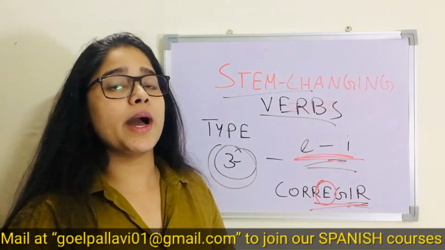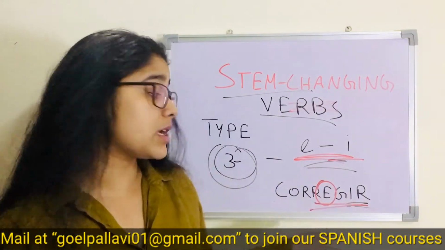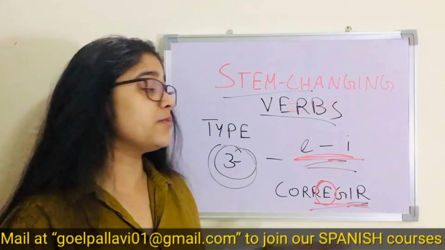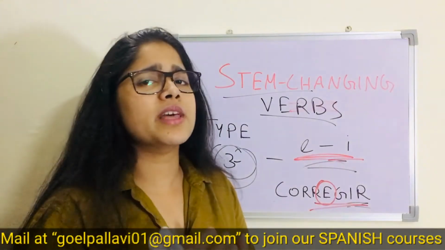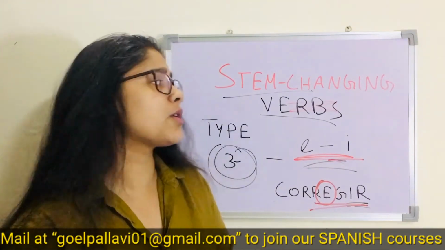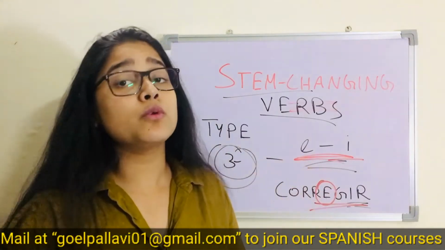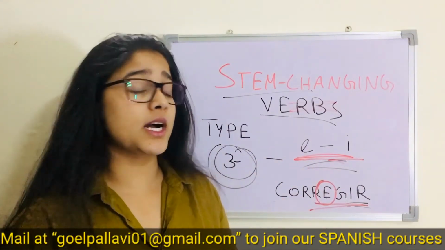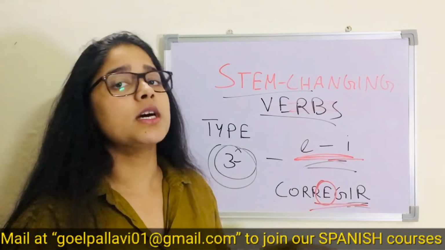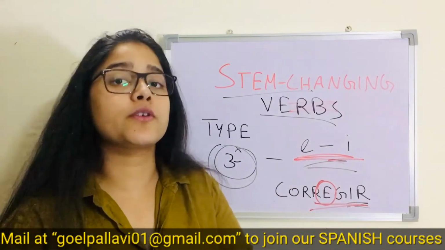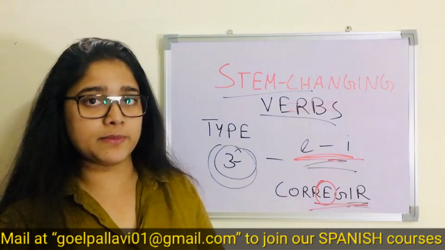There are not so many verbs which are part of type 3, but mostly they are IR ending verbs. So we are going to do the conjugations for the IR ending verb corregir. Let's get started.